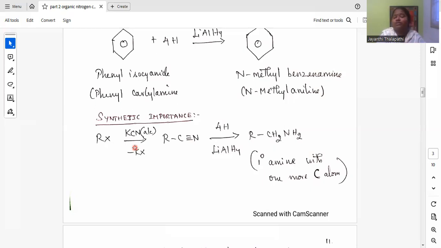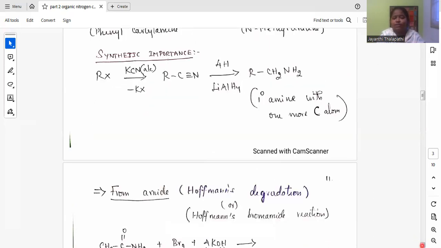Chlorine is displaced by K, which goes as KCl. So the alkyl group binds with CN, which means you get CH3CN. So from methyl chloride, you got ethane nitrile. And ethane nitrile on reduction gives ethanamine, which means one more carbon atom increase over here, right? So this is the synthetic importance.